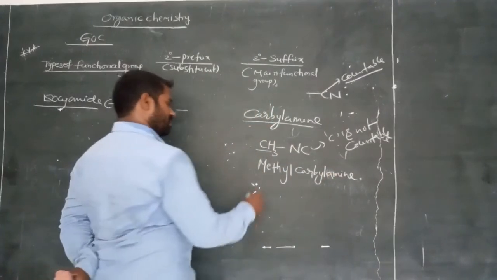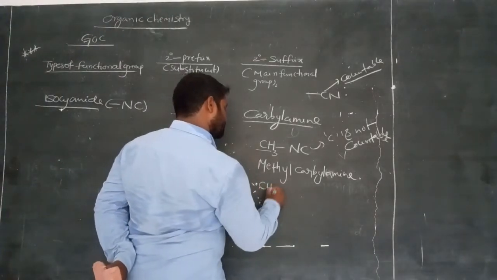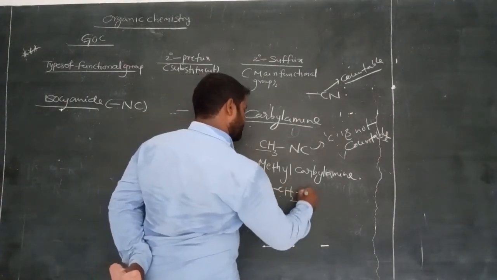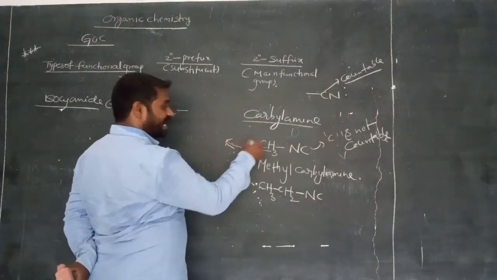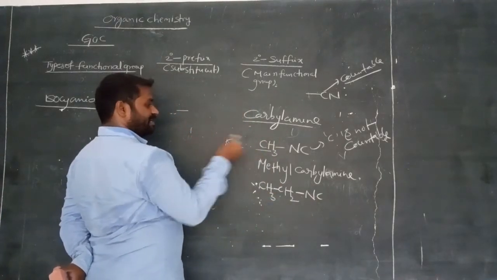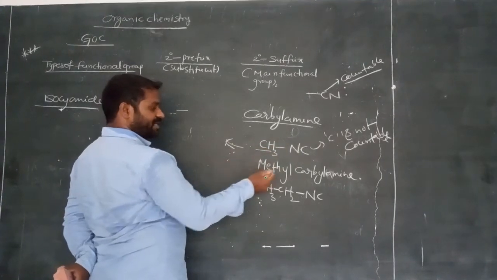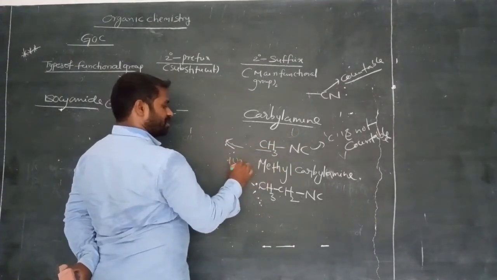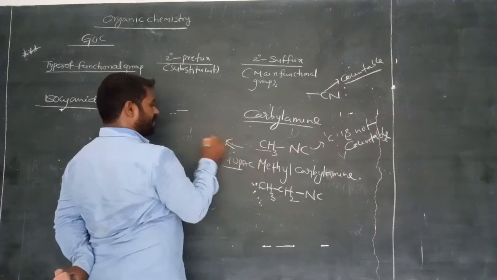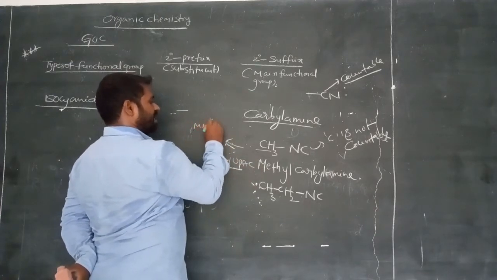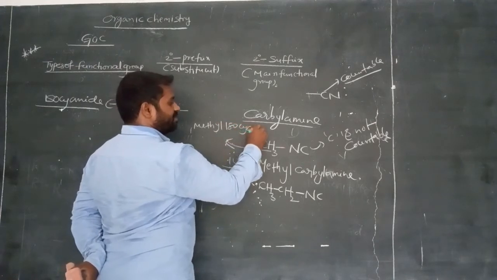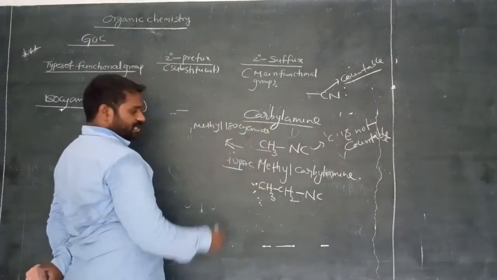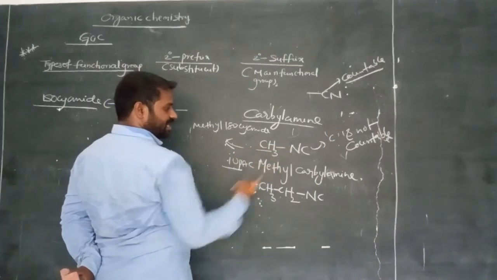Okay. What about this one? CH3, CH2, and NC. Its common name is ethyl isocyanide. Methyl isocyanide is the common name, but the IUPAC name is methyl carbylamine.